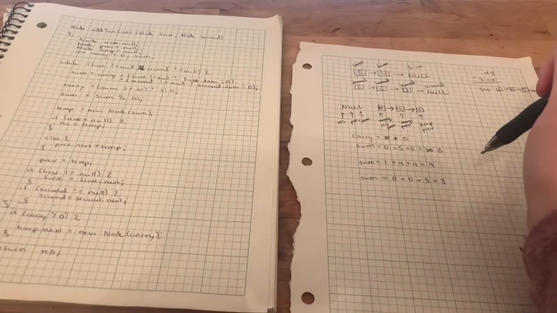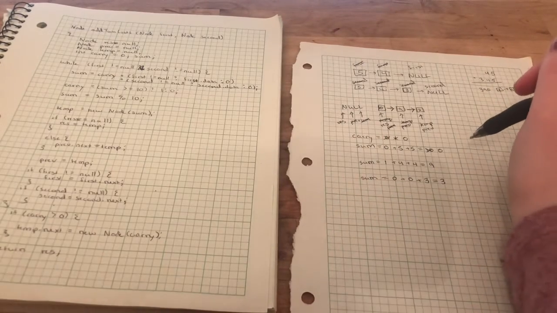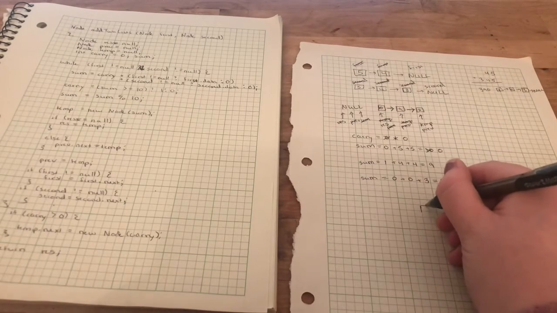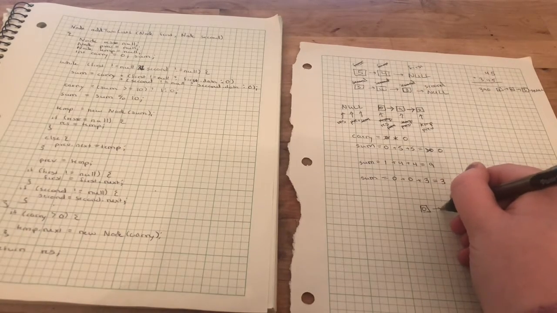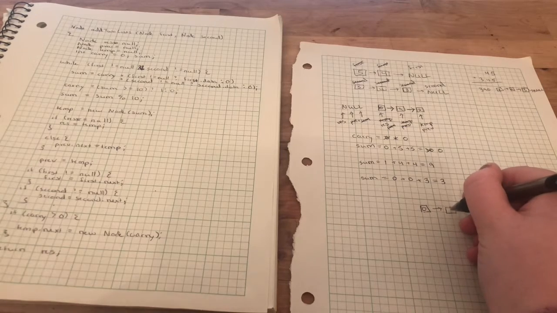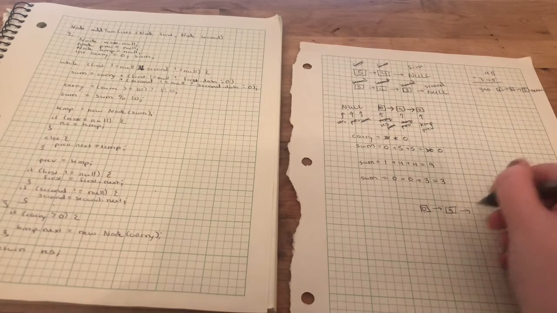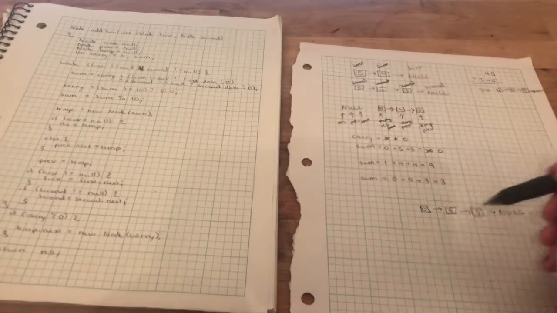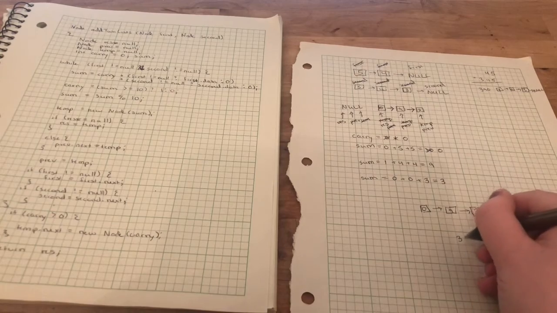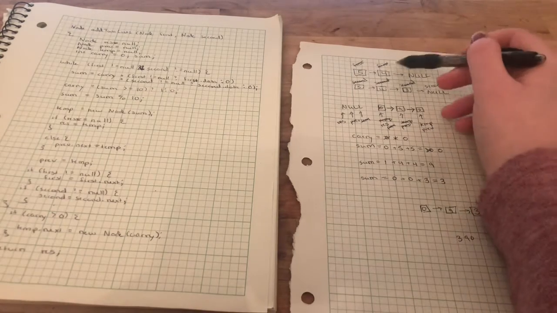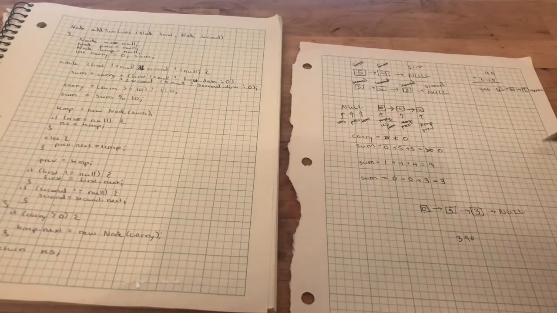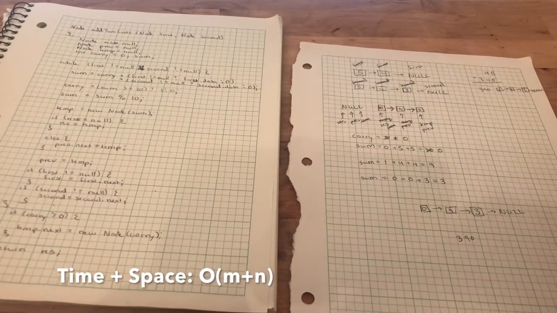Because that is not our condition, we return res, and so we get the resulting list. We can see now if we reverse this, we would get 390, which is 45 plus 345 equals 390, and so that's the result that we wanted.